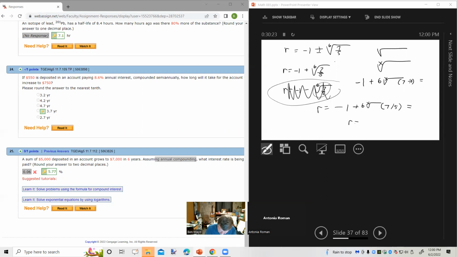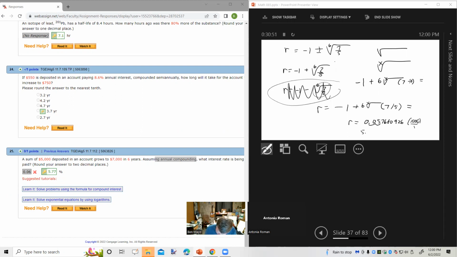I get r equals 0.0576800926. Okay. Yes. Now, that is the rate, but not expressed as a percent. That's expressed as a decimal. So to turn it into a percent, I would multiply it by 100%.